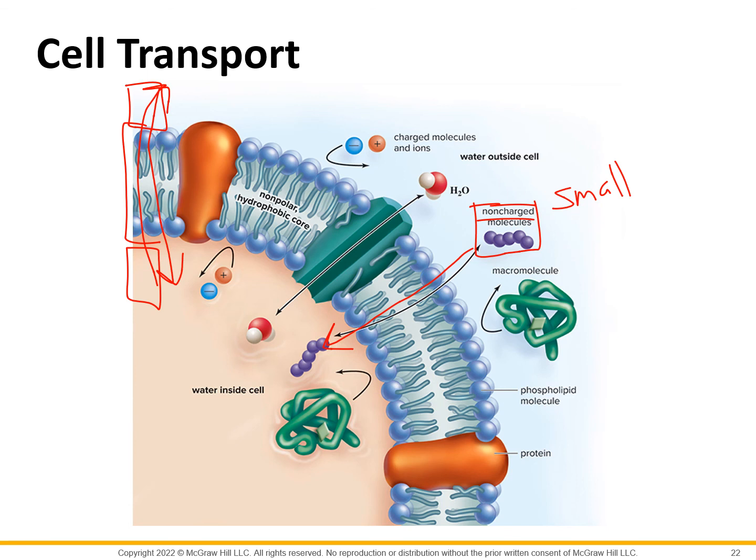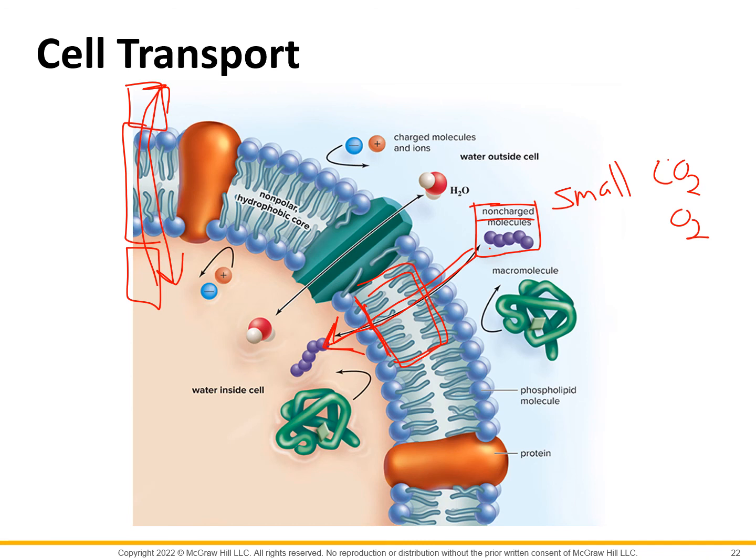The reason for this is that, remember, the hydrophobic tails create a large non-polar region. So in order for a molecule to cross it, it has to be non-polar or very, very small. Some examples of things that can cross directly are gases like carbon dioxide and oxygen, and also alcohol. When those things cross, they move according to the concentration gradient, from an area of high concentration to an area of low concentration across the membrane.